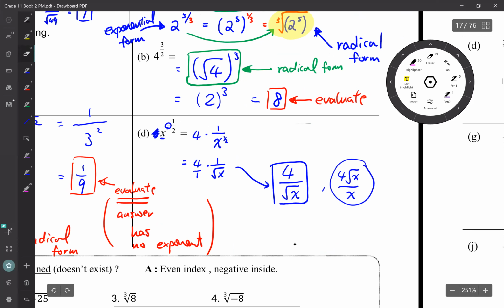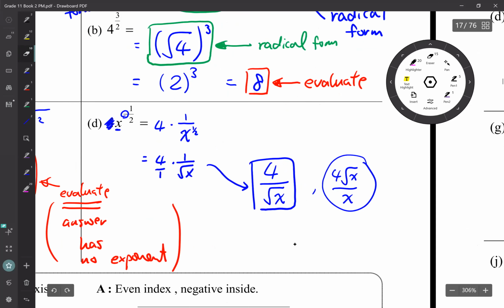How did you get that one? I don't know how to explain this. Well, what did you do? Did you get the 4 over root x and then it becomes your answer? Is there something you did to make it into that? I did 4 times 1 over x to the 1/2.